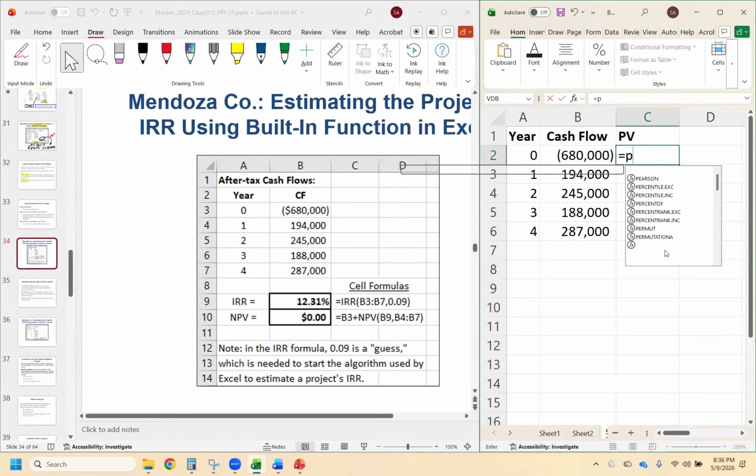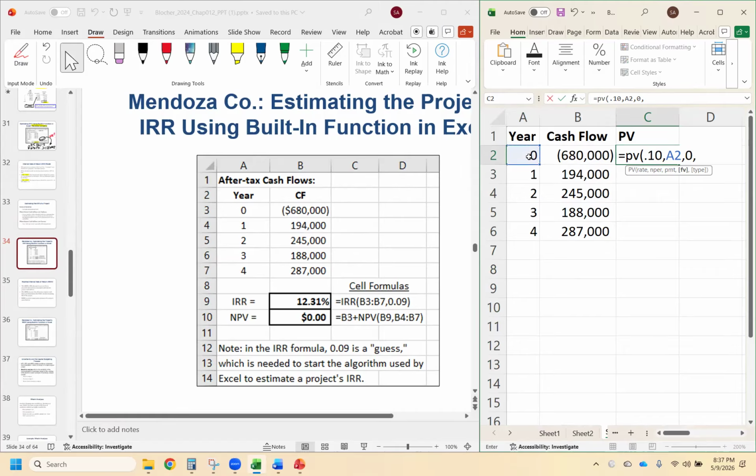So equals present value, and I did these last time. The weighted average cost of capital they want us to use is 10%. So when I type in PV, the first thing it wants me to put in is the rate. So 10%, number of periods is equal to whatever year it is. There's no payment because we're doing each one of these individually for each year.